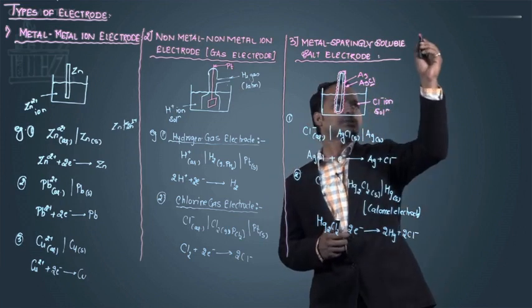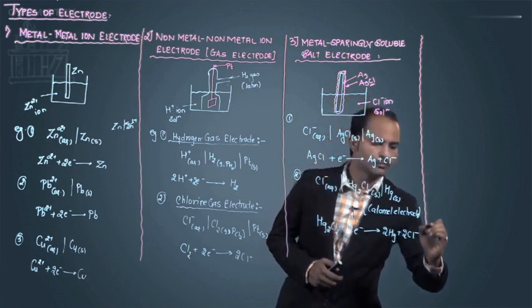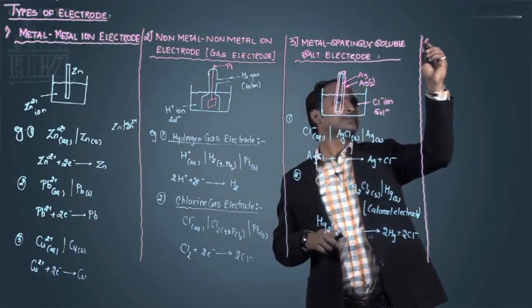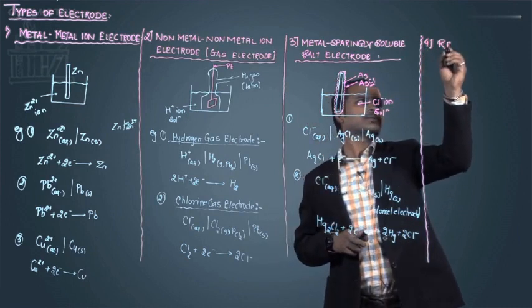Then the fourth type is the redox electrode.